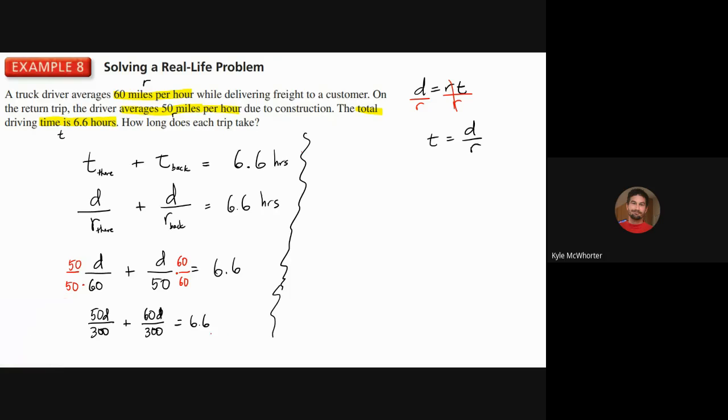Now that we have the same denominator, 300, we can add the numerators. Yes, no, wait, yes. 5 times 6 is 30. Yeah, I need another 0, huh? Good catch.